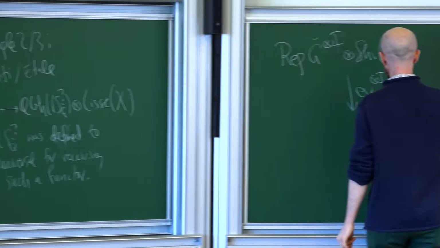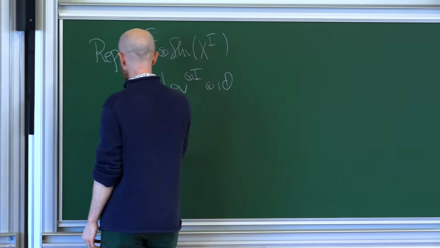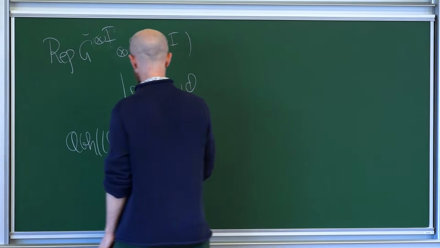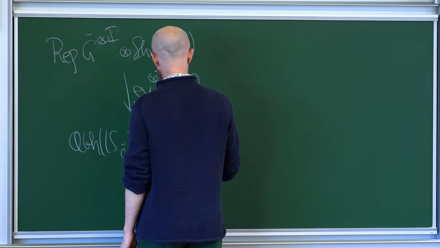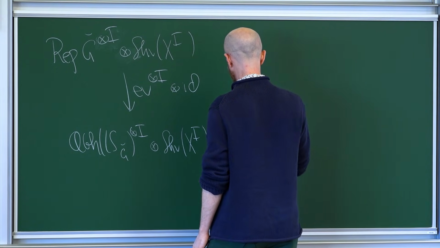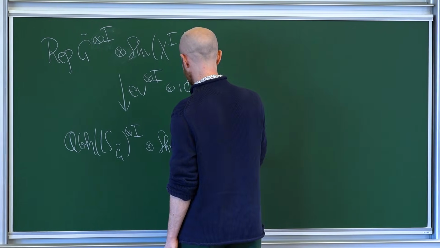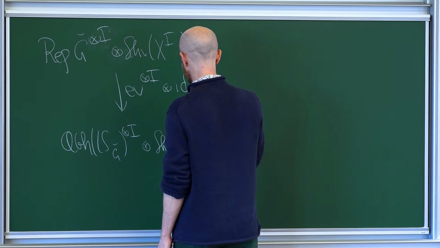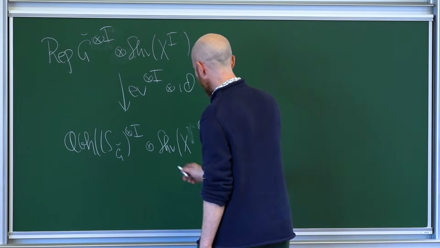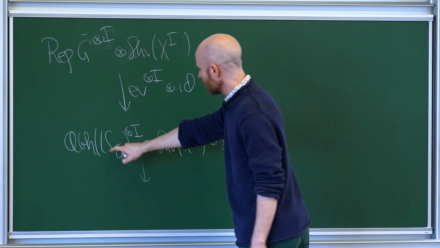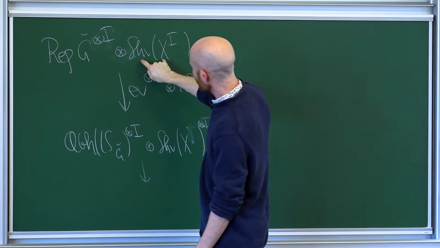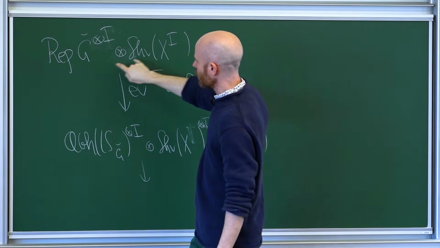So I can run this functor I many times. Think of it as doing nothing along this factor, which was encoding the measure that I integrate along.